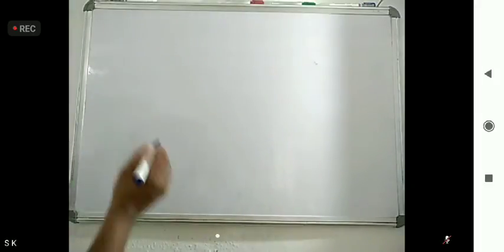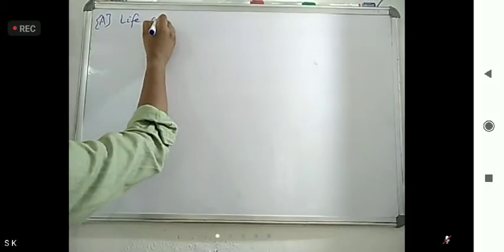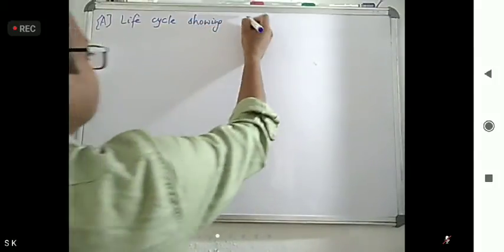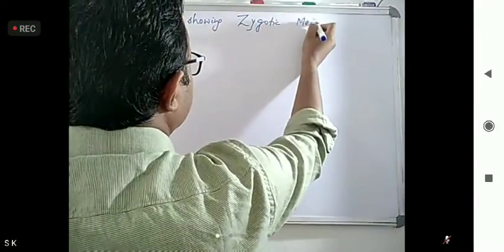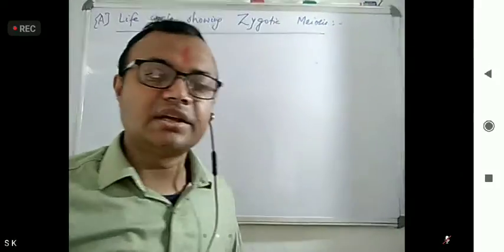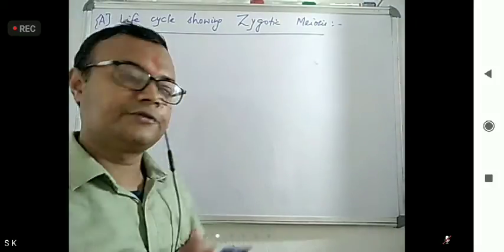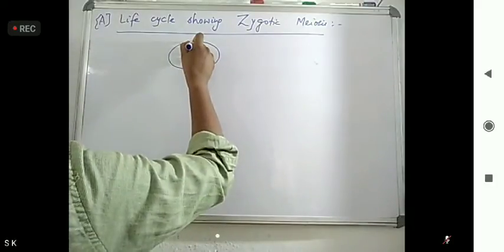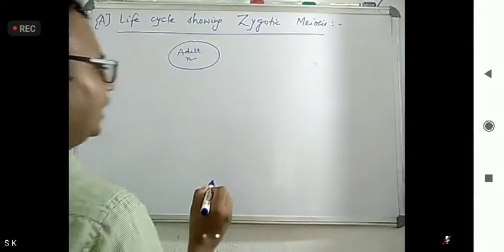So first we have to see the life cycle showing zygotic meiosis. Here what happens? Graphically, the adult is haploid in nature.